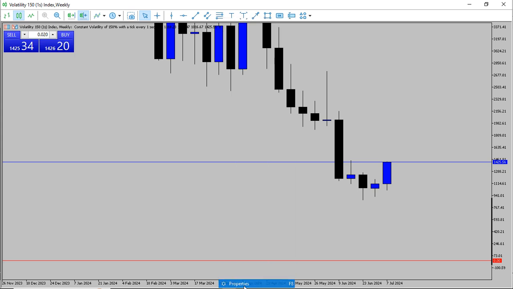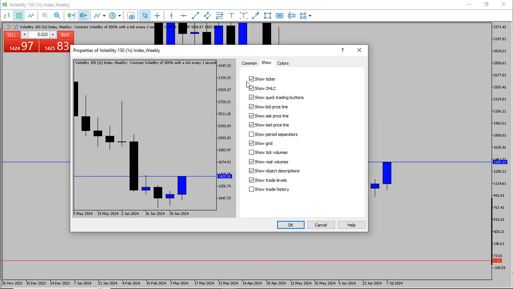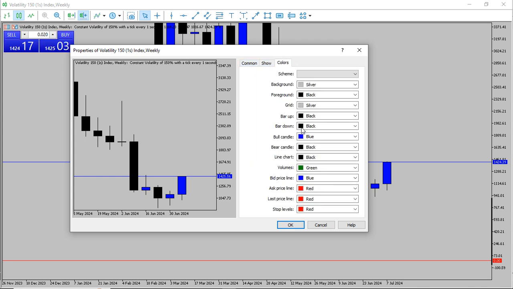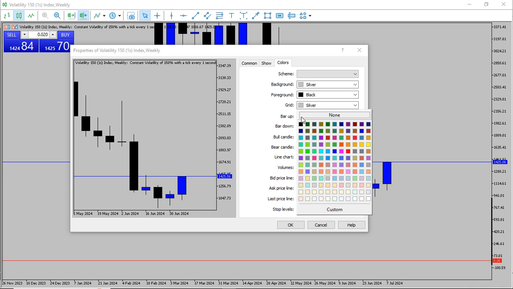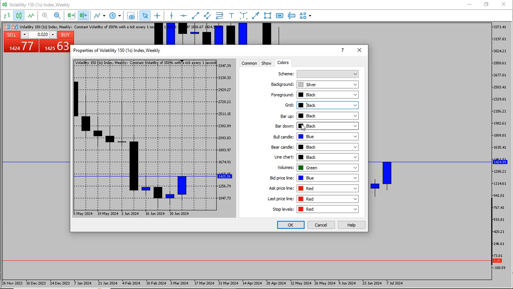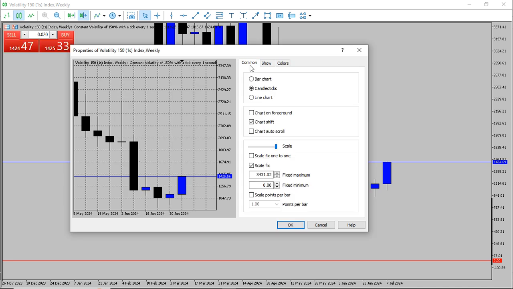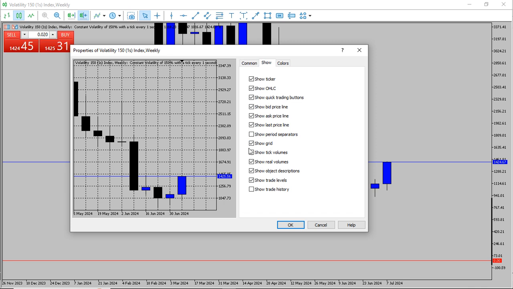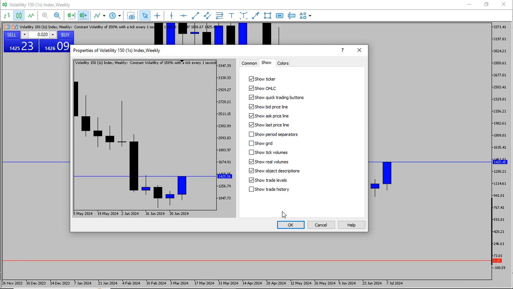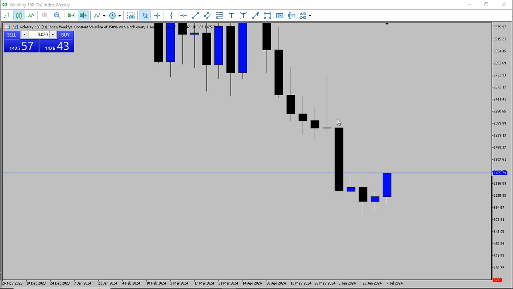So I'm going to do something right now on my settings. I will go to color, and I'll go to grid, so you can learn the settings also. If you click on grid and I click on black, then I go to show and remove the show grid, and yeah, my screen is blank.